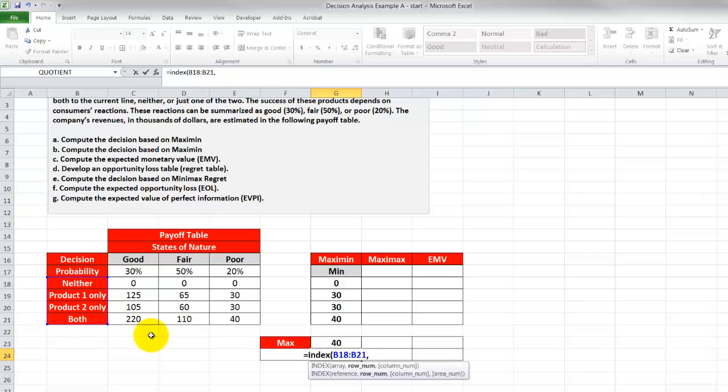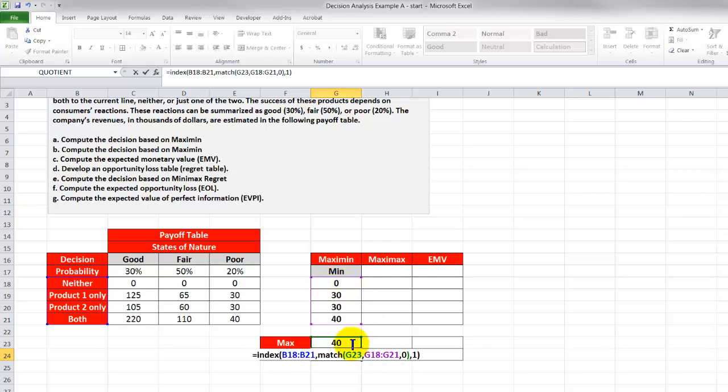Now, I want to find the row number that corresponds with this 40. So I'm going to use a match and look up the 40 here in the max and look where this 40 lies within these 4 values. Okay, I want to match type 0, and I'm going to end that with a parenthesis, and this is always going to be in column 1.